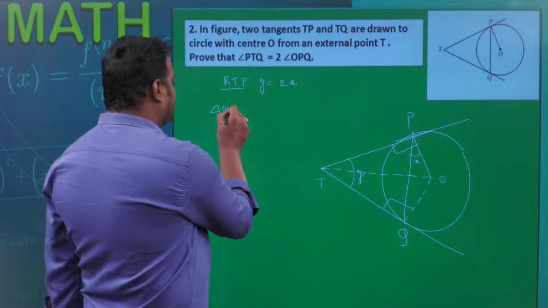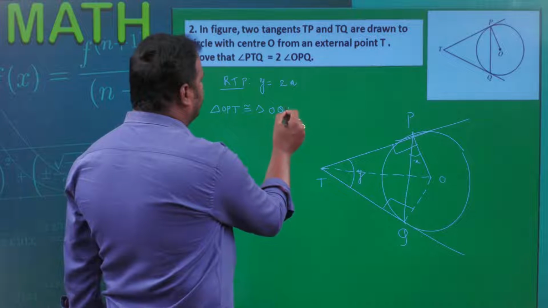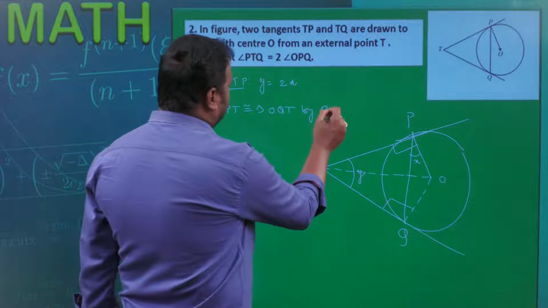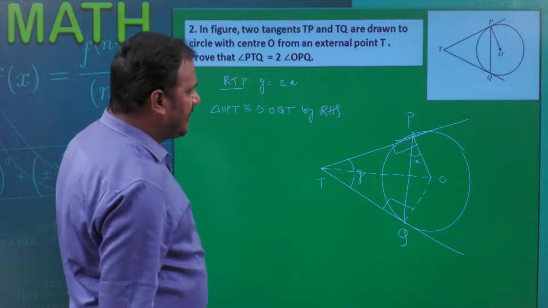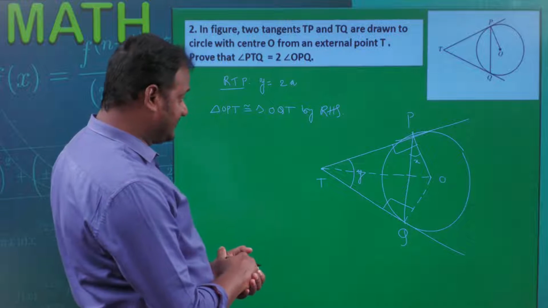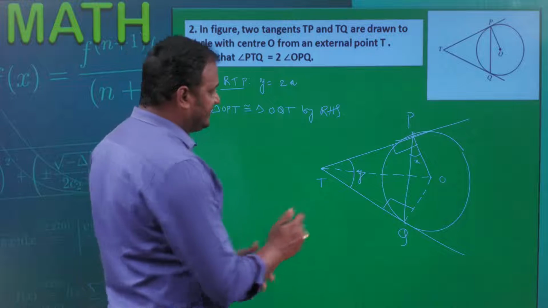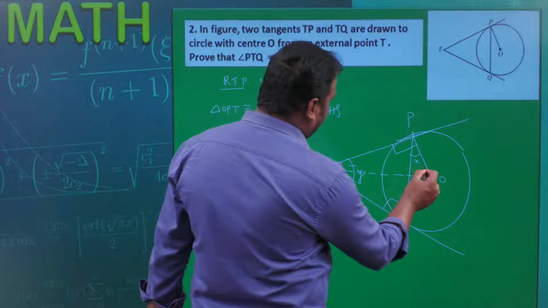Triangle OPT is congruent to triangle OQT by RHS congruence. Since they are congruent, then by CPCT, you can say that this angle is equal to this angle.